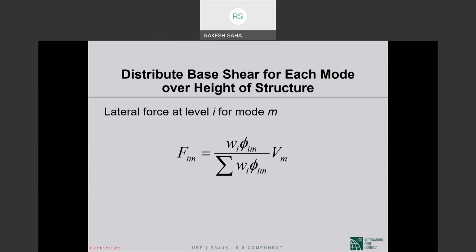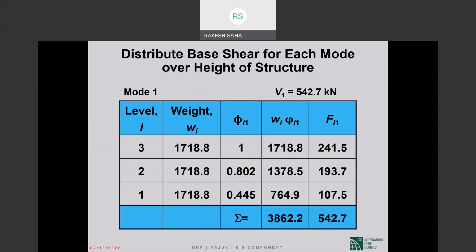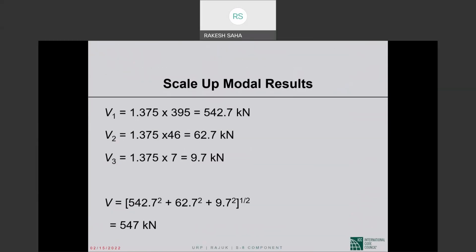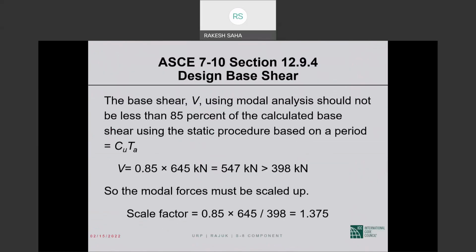Now we will distribute this. Please follow me very, very closely. So we have a first mode base shear of 542.7 kilonewtons, and the modal period, it is not written here. We know the modal period.